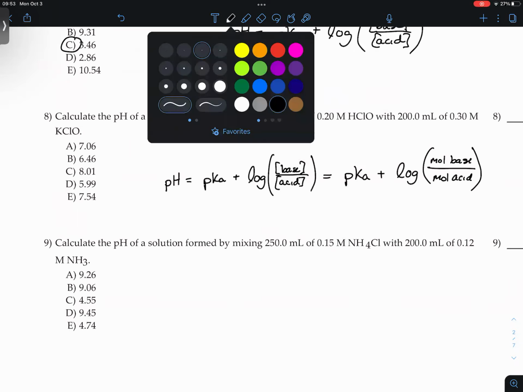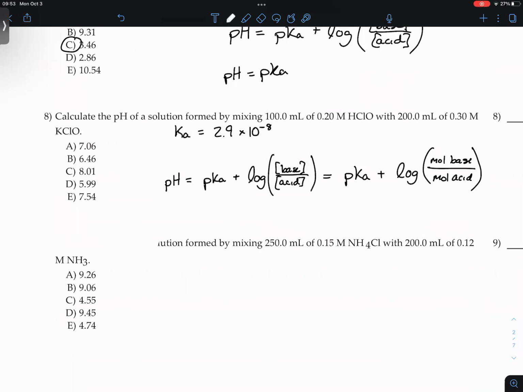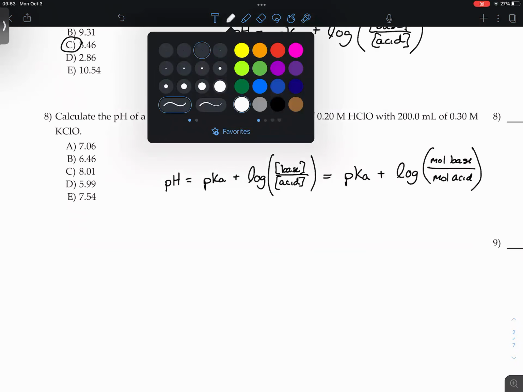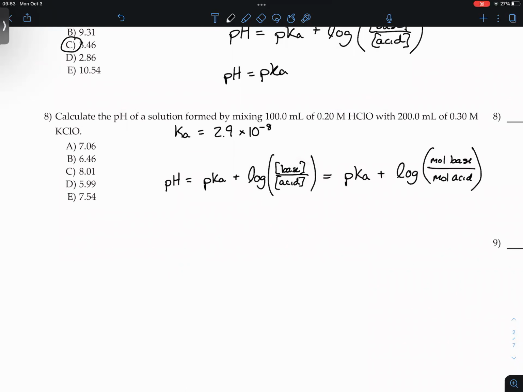I'm going to get rid of this just to make some more room for myself. All right, so remember, big M stands for moles per liter, right?